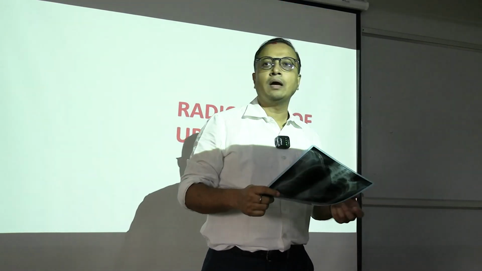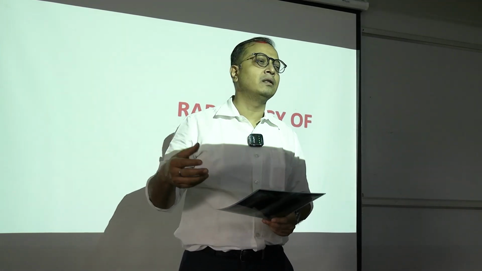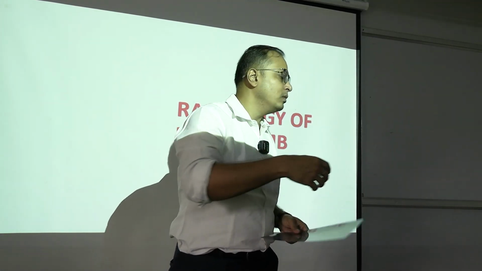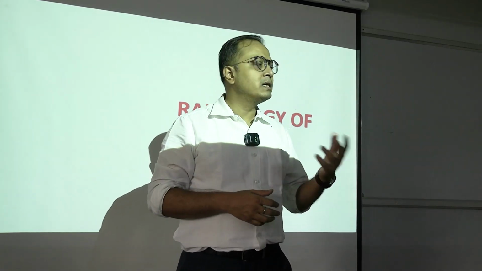Now in addition to that, if you are doing something special, we have to see something more, and that makes this particular X-ray a special X-ray. Now what is special about it?